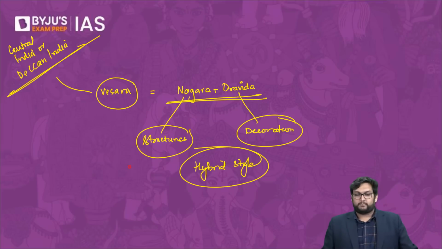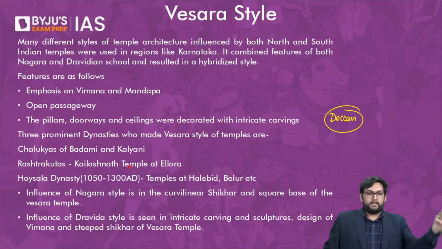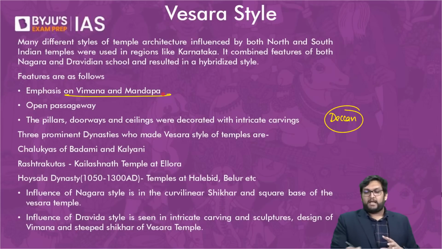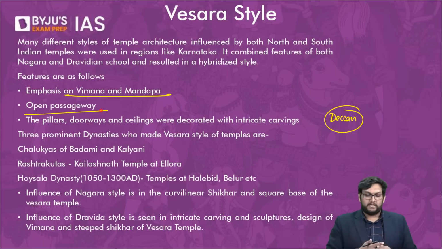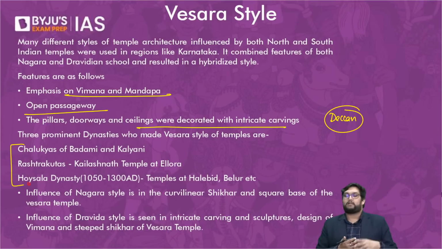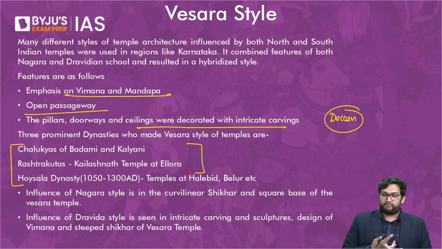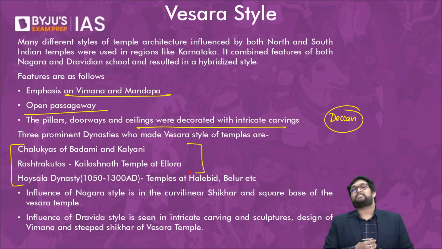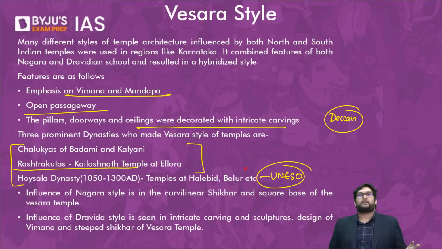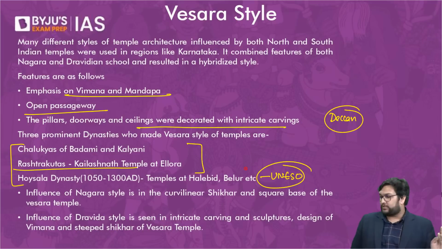Now, the Vimana and Mandap both are there, open pathways are there, and very intricate carvings are there. There are three rulers or dynasties which followed Vesara quite a lot, which is Chalukyas of Badami, which we discussed previously, Rashtrakutas, and the most celebrated and now recognized under UNESCO, which we'll discuss in the current affairs portion of our discussion, which is the Hoysala dynasty, Hoysaleshwara temple, Chennakeshwara temple, Somnathapura temple.